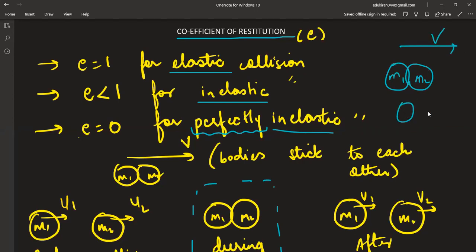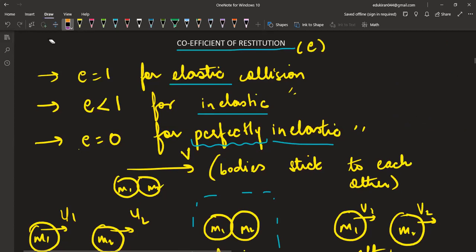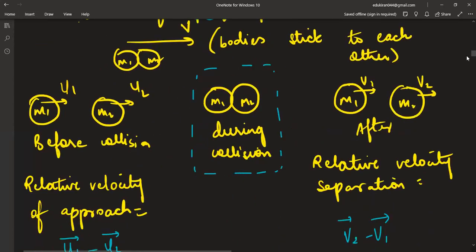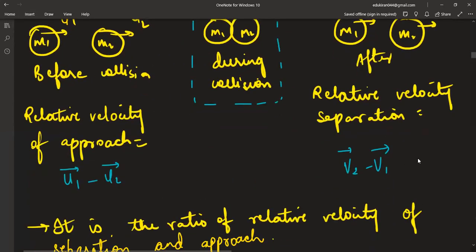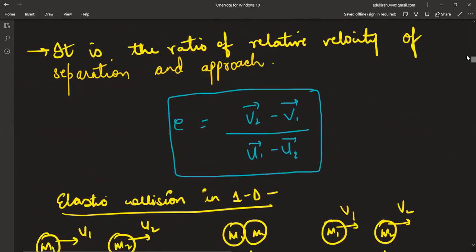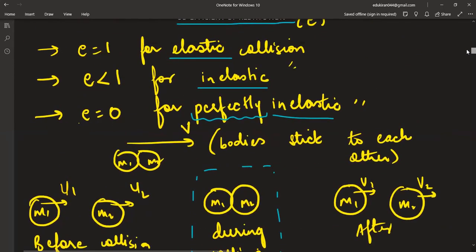They will not be separate, M1 here, M2 there. So that is what is meant by it. So why is it 0? There is no relative velocity of separation. The relative velocity of separation becomes 0 because the bodies have the same velocity. So that's why we have the coefficient of restitution as 0.